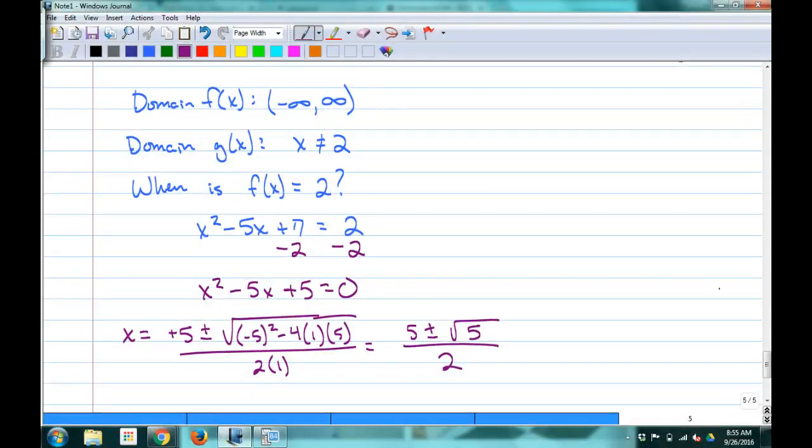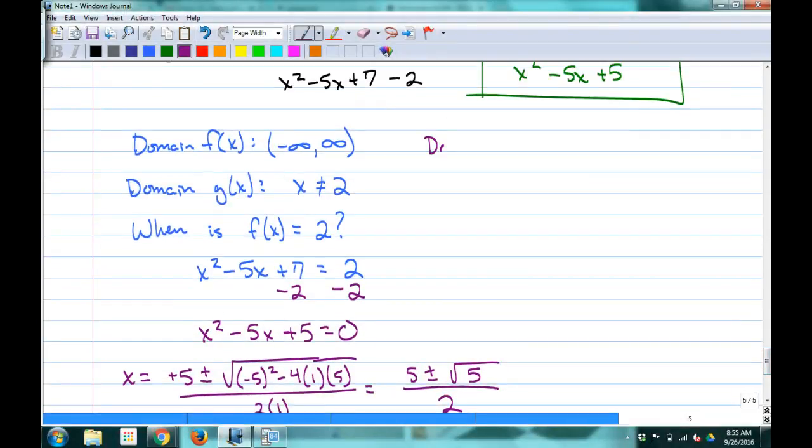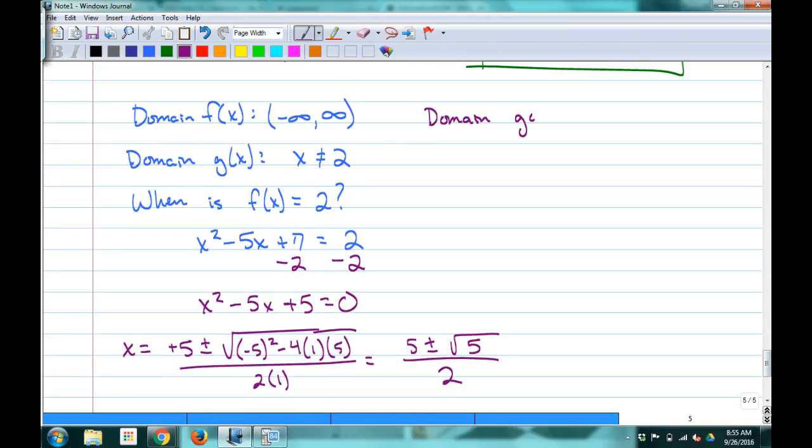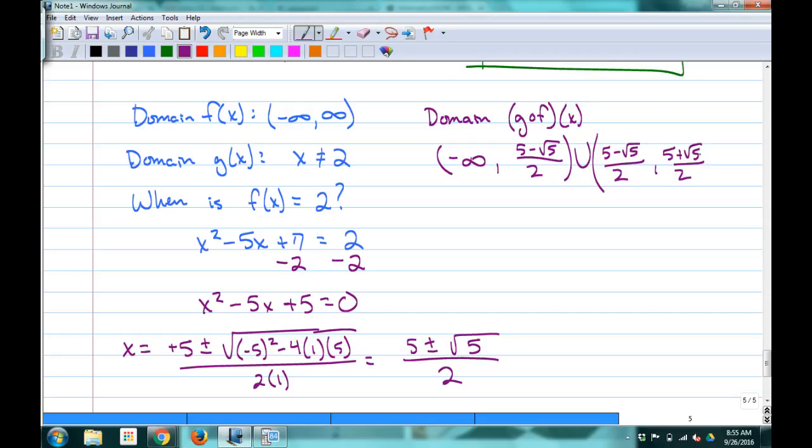So when I write my domain for the composite function, composite was g composed with f, g composed with f, we're going from negative infinity to 5 minus radical 5 over 2, and then from 5 minus radical 5 over 2 to 5 plus radical 5 over 2. I didn't give myself enough room.